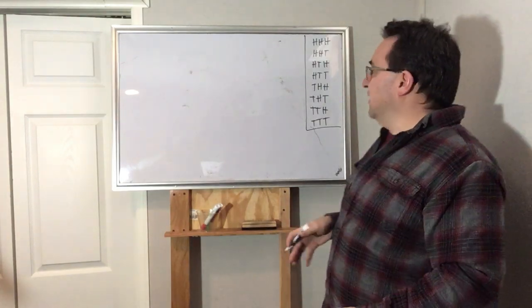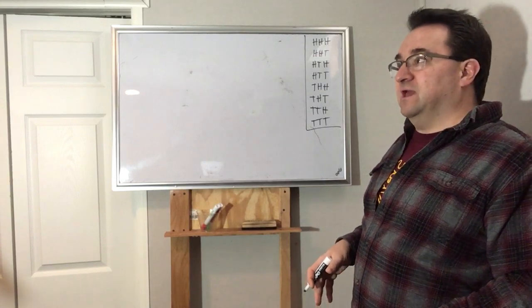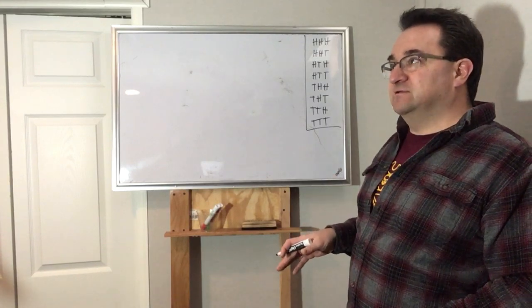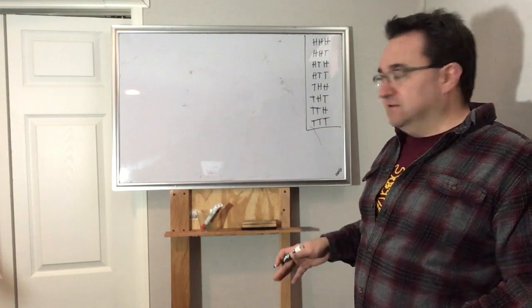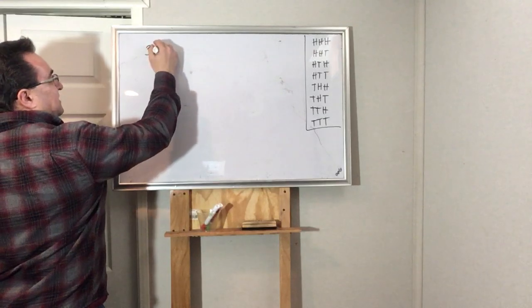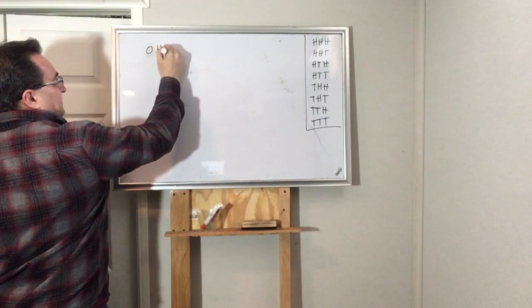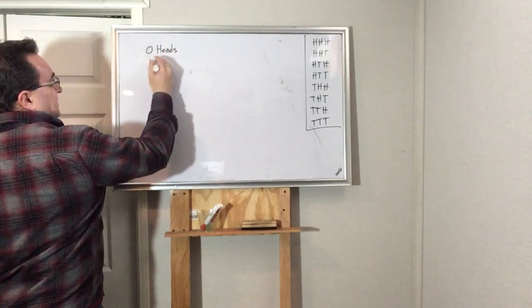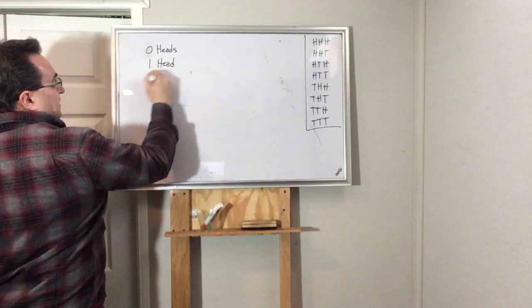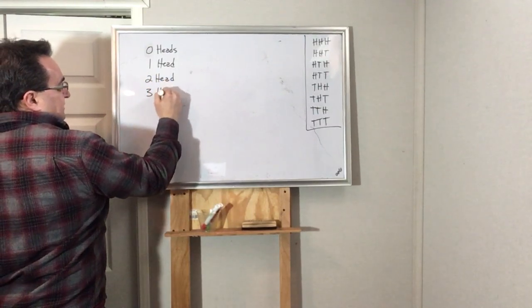Now if I want to make a probability distribution, what I have to do is look at what the possibilities are and how likely each is. I could get 3 heads. Let's start with 0. I could get 0 heads. I could get 1. I could get exactly 2. Or I could get exactly 3.